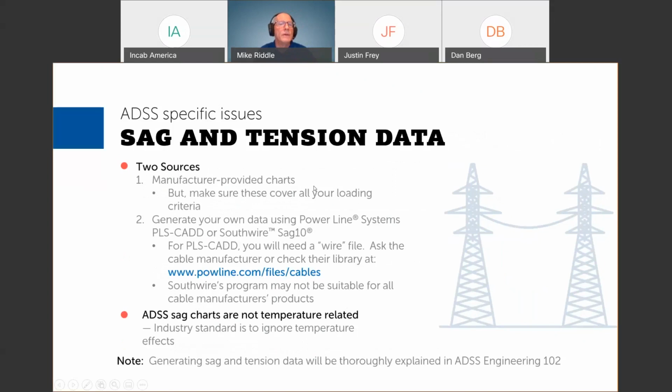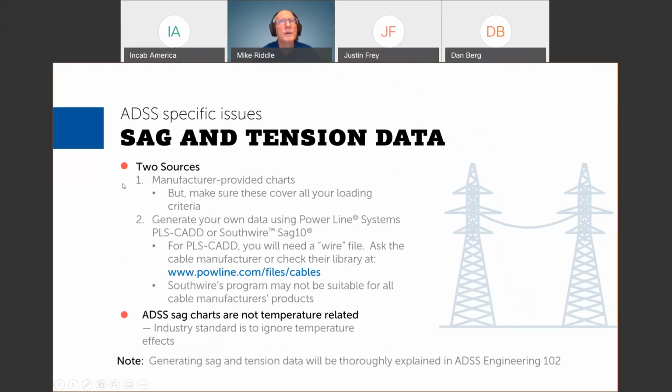So where do you get the actual data that you need from? Well, you got two choices. Manufacturers provide charts. I just referenced one that my competitor did, and we do that too. And this is probably the most common way that ADSS sag and tension is done.